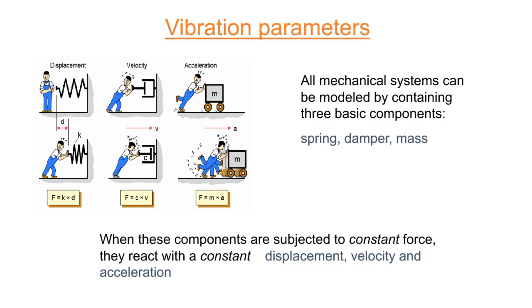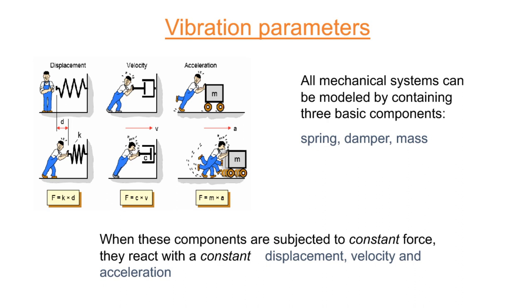Next, vibration parameters. All mechanical systems can be modeled as containing 3 basic components: spring, damper and mass. Here in this diagram I have shown a human being, and in front of him there is a spring, a damper and a mass.